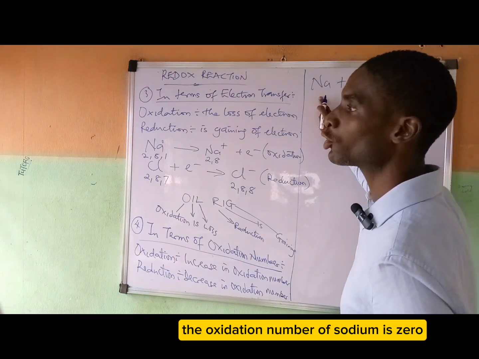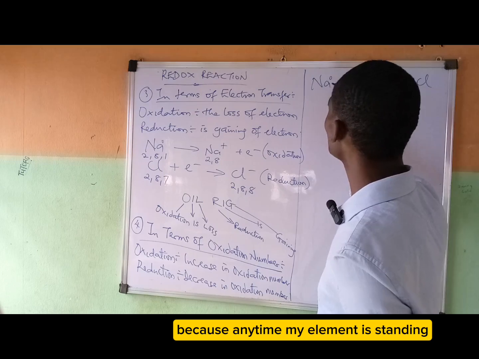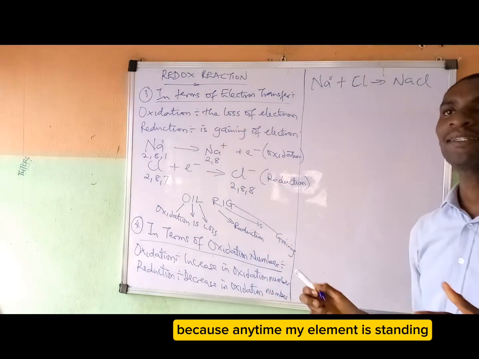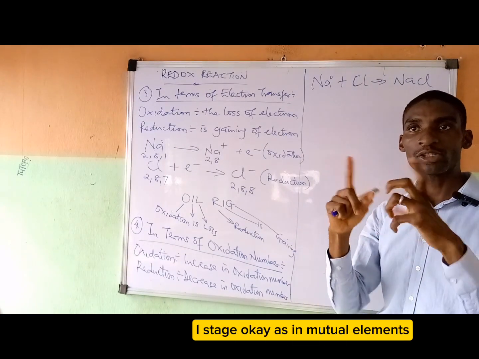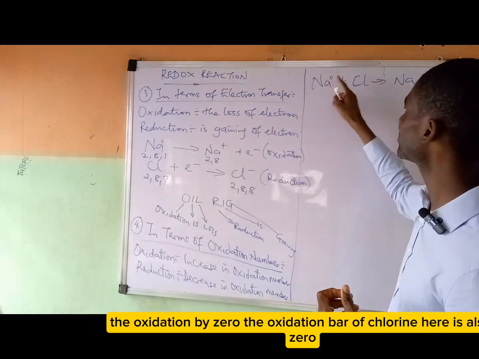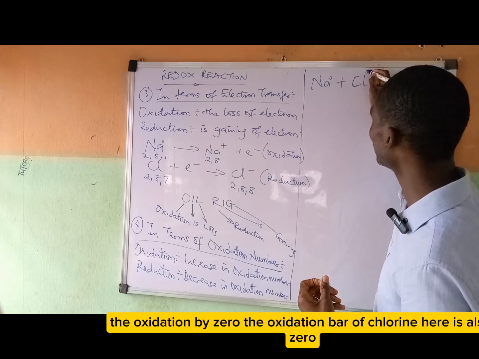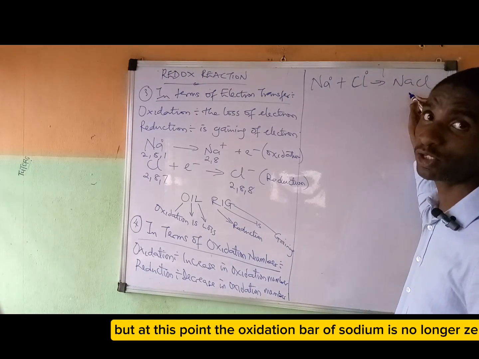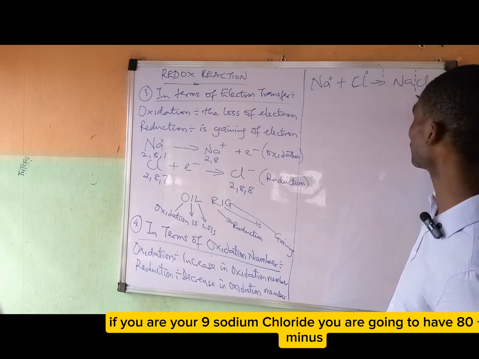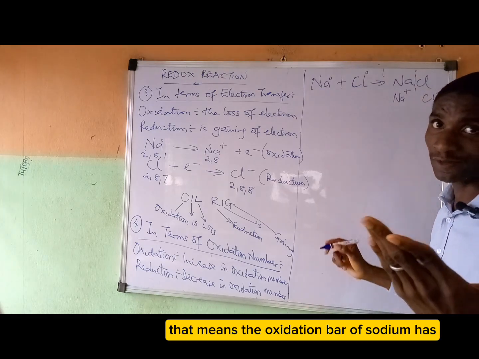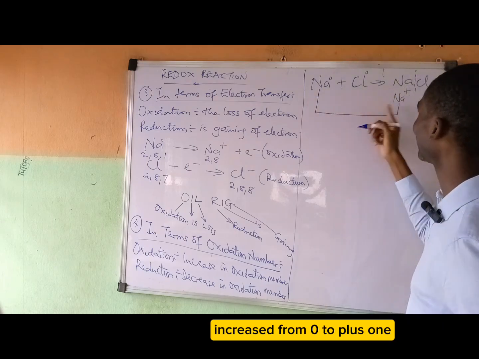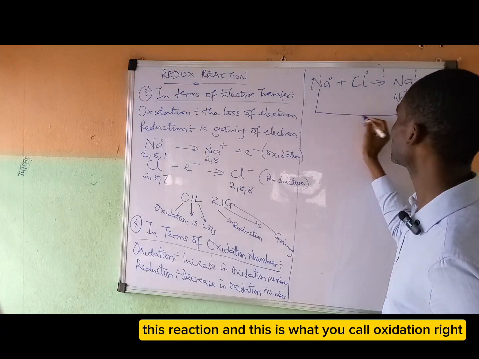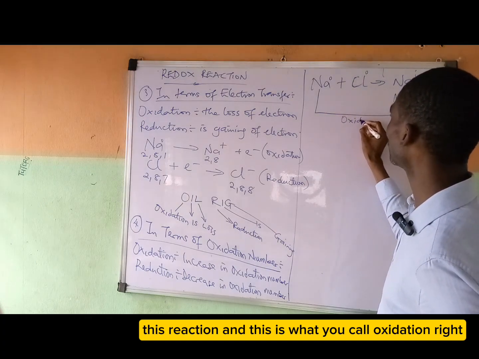The oxidation number of sodium here is 0, because anytime an element is standing at the elemental stage, as a neutral element, the oxidation number is 0. The oxidation number of chlorine here is also 0. But at this point, the oxidation number of sodium is no longer 0. If you ionize sodium chloride, you are going to have Na plus and Cl minus. That means the oxidation number of sodium has increased from 0 to +1 in this reaction, and this is what you call oxidation.